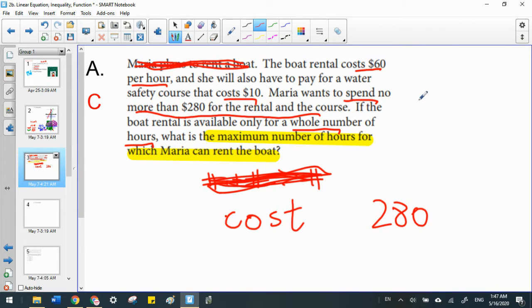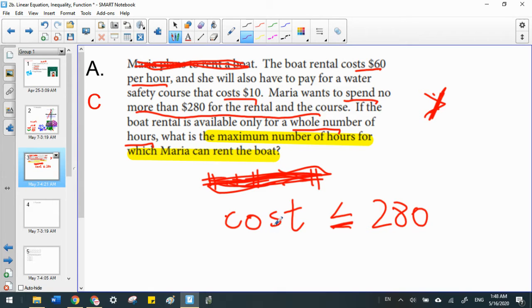And I know that in this case, no more than is saying not greater than, and not greater than means less than or equal to. That's the part I figured out by saying Maria wants to spend no more than $280. So now I know that the cost has to be less than or equal to 280.